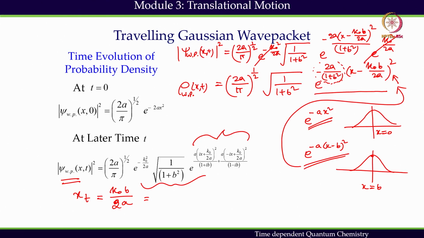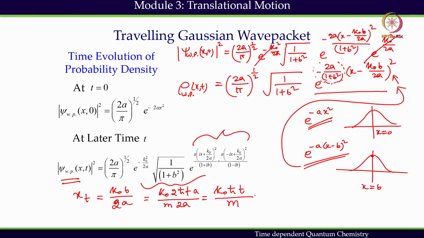We assumed that b was 2 h cut t a by m, so this is going to be k naught, and b was 2 h cut t a by 2m. So in the end, the center of the Gaussian is t dependent, and I get k naught h cut t divided by m.